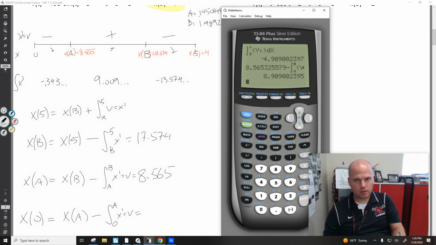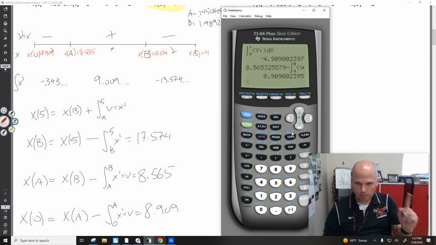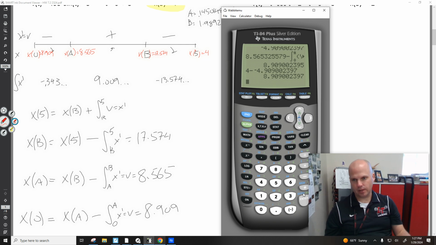And there you go, 8.909. And if you wanted to double check, I have my ending position of 4, subtract my overall displacement, and I get that 8.90.